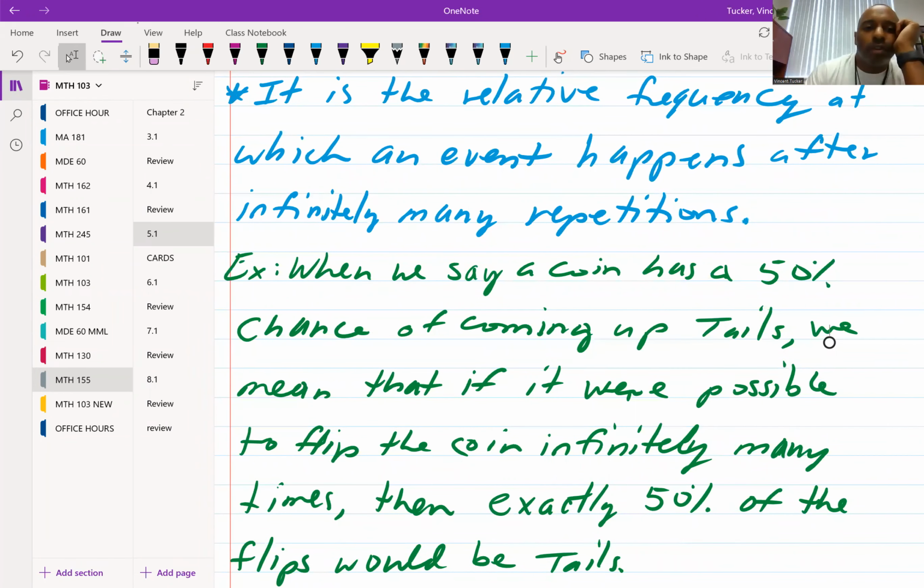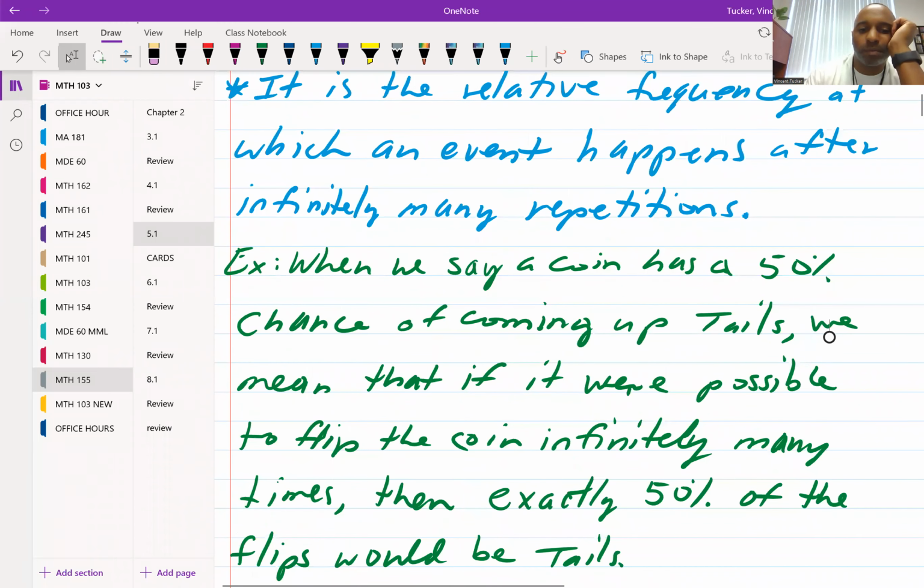All right. So, for example, when we say a coin has a 50% chance of coming up tails, we mean that if it were possible to flip a coin infinitely many times, then exactly 50% of the flips would be tails.